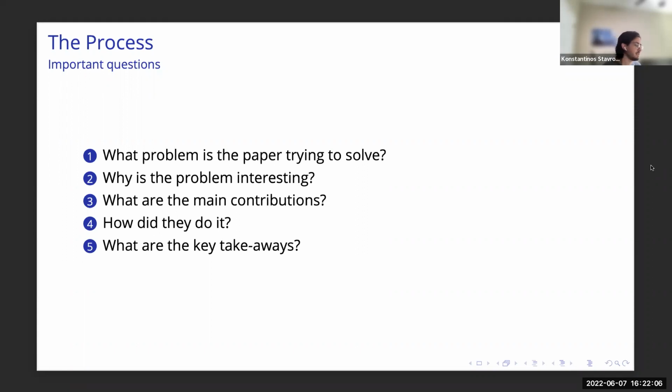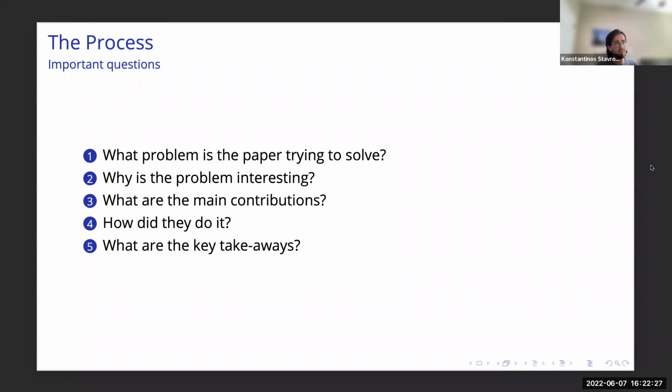And in the end, if after all of this stage, all of these questions are answered in a very deep and complete way, the final question is, what are the main takeaways? So what do I want to take away from this paper?